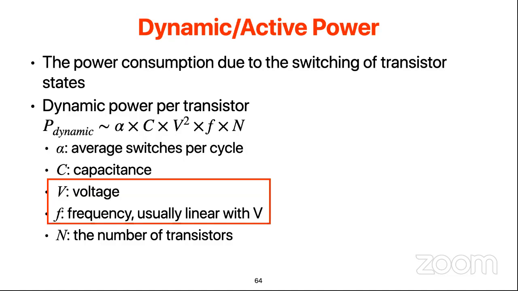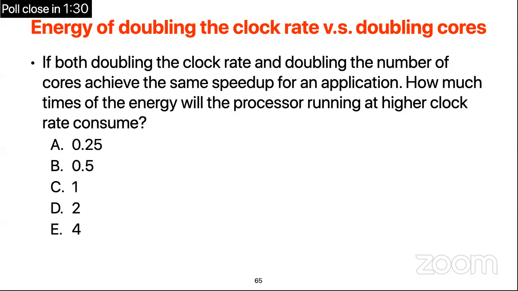And if you look at the function of dynamic power, how it is calculated, it has a cubic relationship with your frequency. So right now, I want you to think about this: if I double the clock rate versus double the number of cores, and I can make the program parallelize, and both solutions would give the same speedup, by how much more energy would the processor running at a higher clock rate consume?